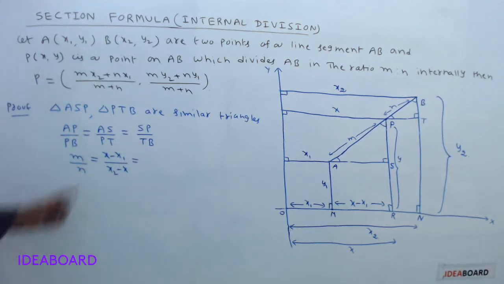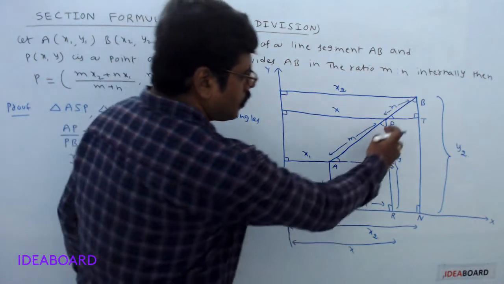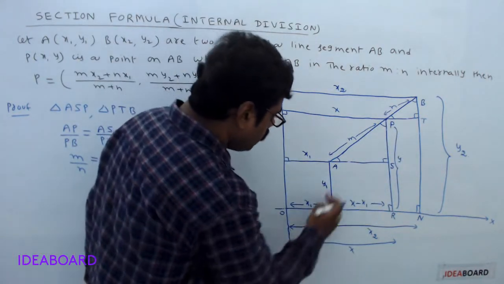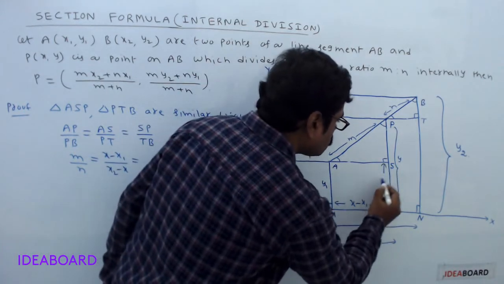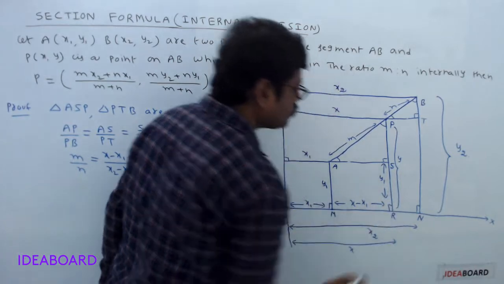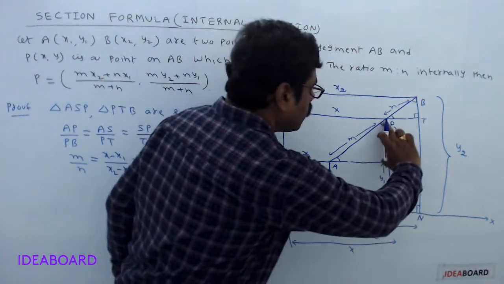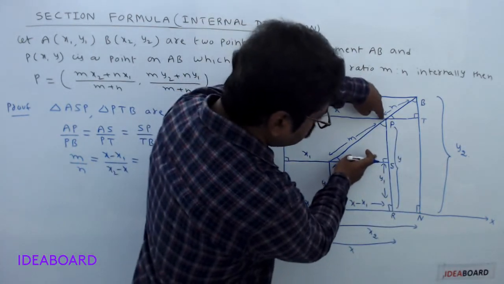This equals SP. What is the value of SP? Now look at the diagram. This length is Y1, so this length is also Y1. Now we need the value of SP. How to calculate the value of SP?